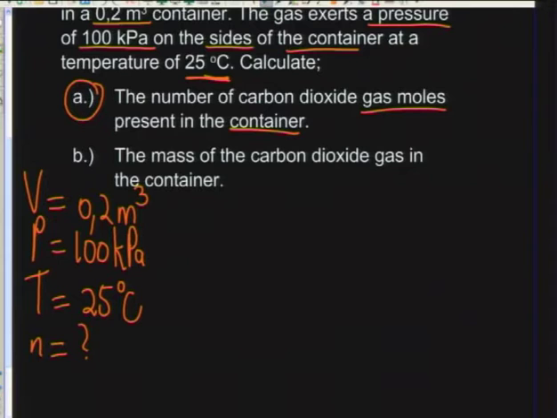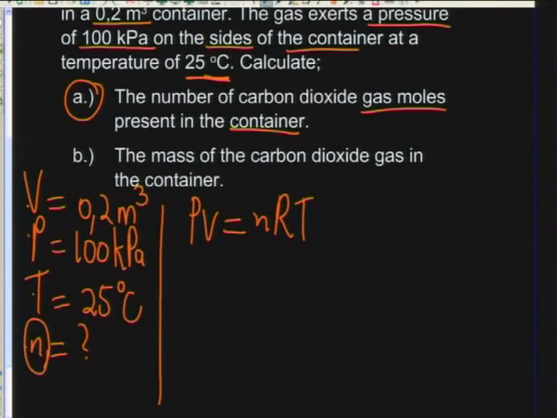If you look at these things here, volume, pressure, temperature, number of moles, the equation that puts them together is the universal ideal gas law, which says PV is equal to nRT. We will be able to find what N is if we use that.